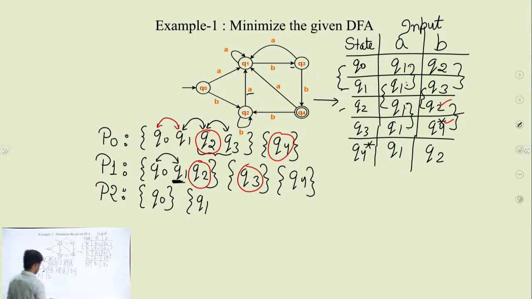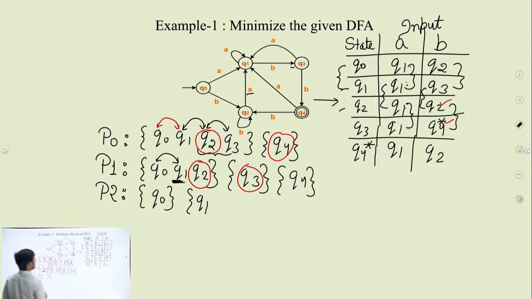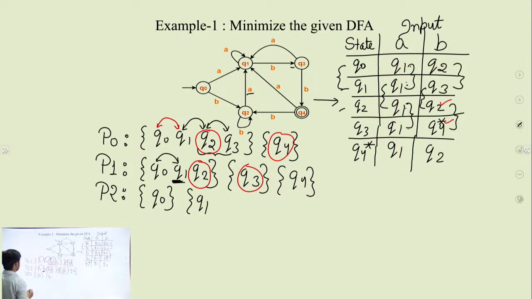Now compare Q node and Q1: Q node and Q1 are in the same set, and Q2 and Q3 are in the different set. So we partition Q node and Q1.